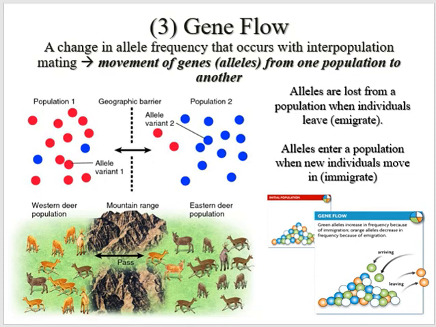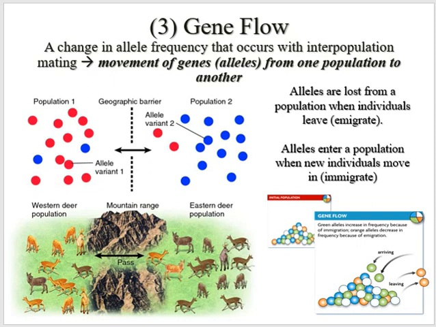Now, gene flow itself tends to decrease genetic variation between populations. The reason is that you have this movement of individuals between populations. This causes alleles from one population to be introduced to another, or the diminishing of certain alleles within a population, and the expansion of other alleles in a population.